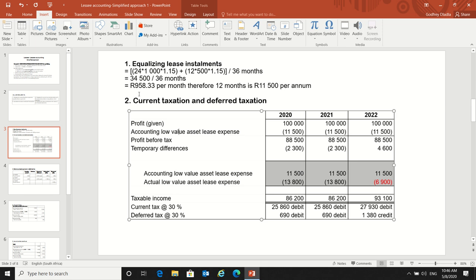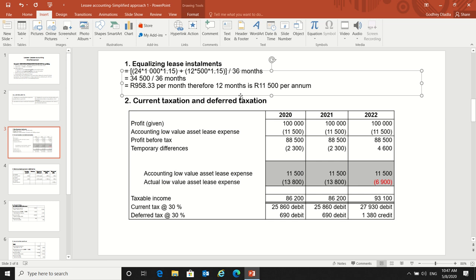So it tells you that a month is 958.33 per month. Usually we don't use the 0.33s, but in this case I'm just demonstrating it the way it comes out. 958.33 per month. Therefore, for 12 months it is 11,500. That is the standard amount, right?